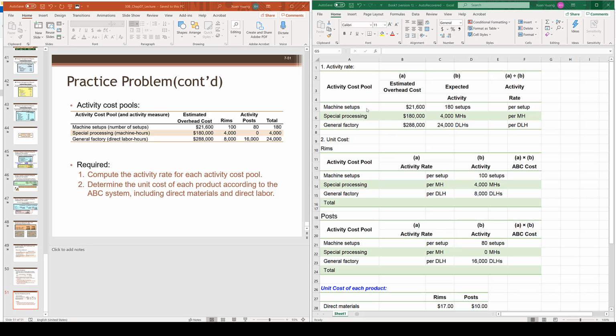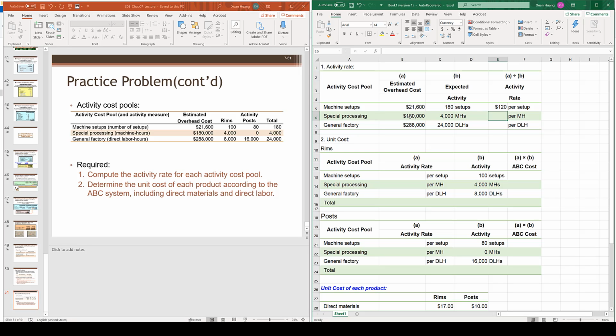For machine setups, the estimated overhead cost is $21,600, and the expected level of activity is 180 setups. We divide 21,600 by 180, and using Excel we get $20 per setup.